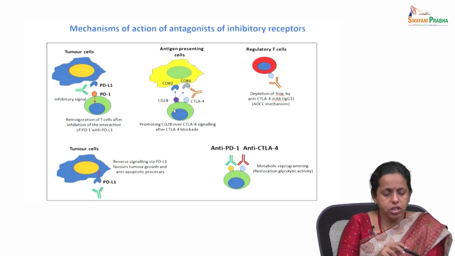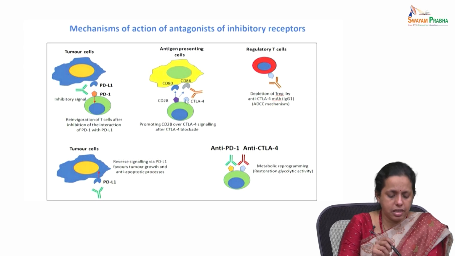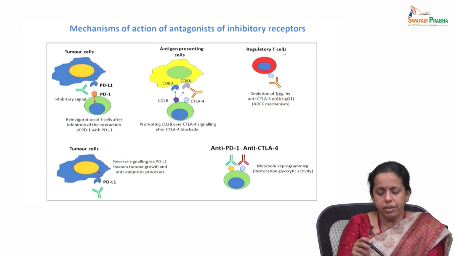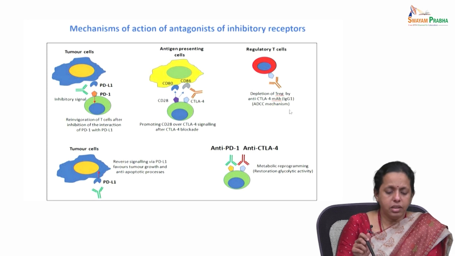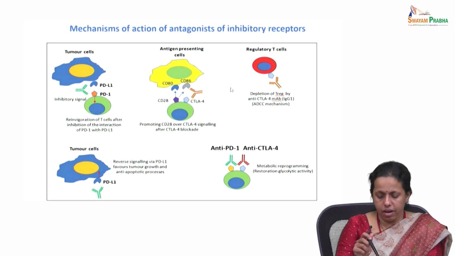With the antigen presenting cells, the stimulatory CD80, CD86 and CD28 and CTLA4, promoting CD28 over CTLA4 signaling after CTLA4 blocking. You have even the Tregs, your regulatory T cells, which you deplete with anti-CTLA4 monoclonal antibodies.